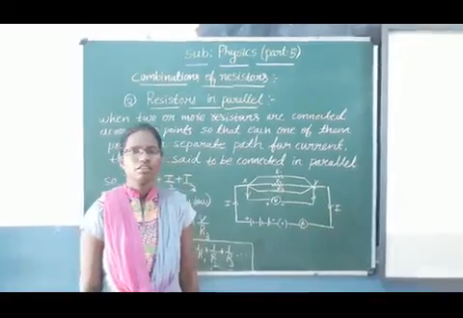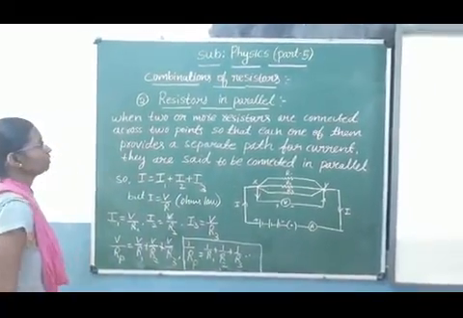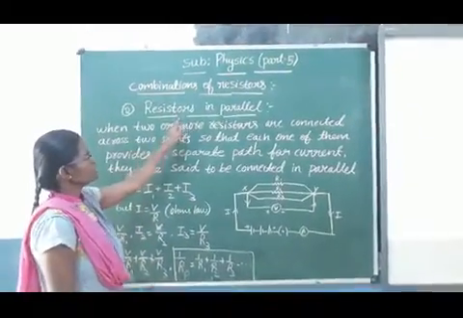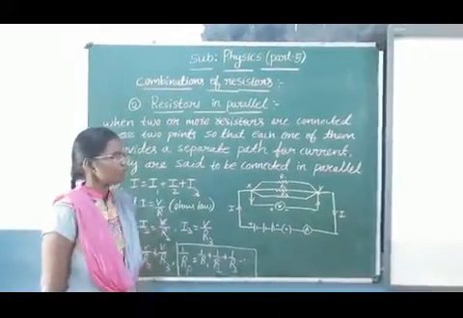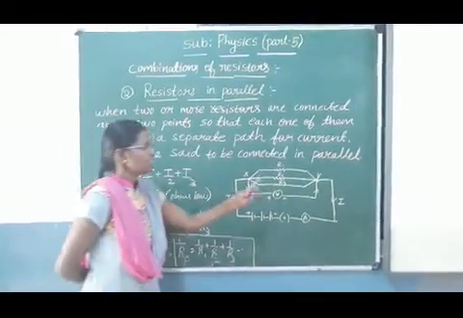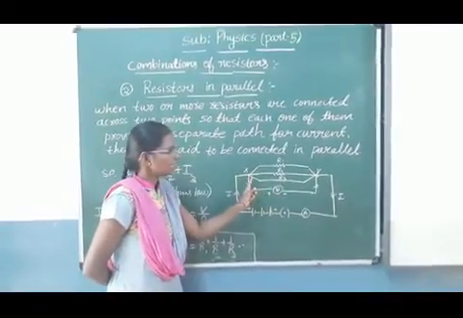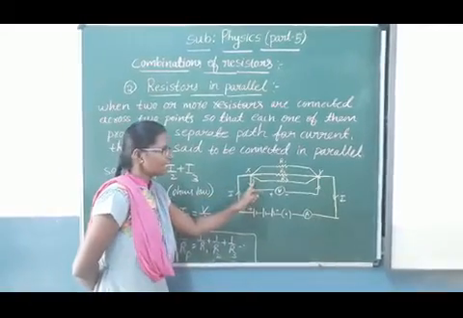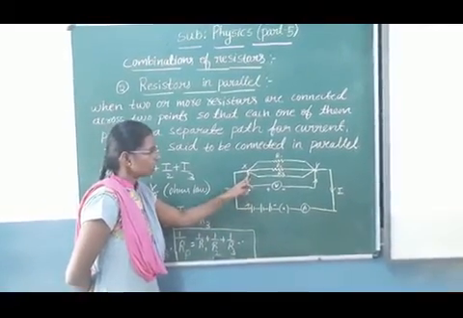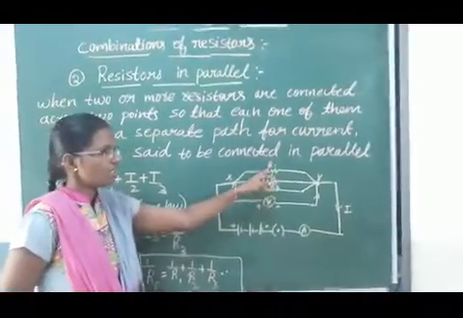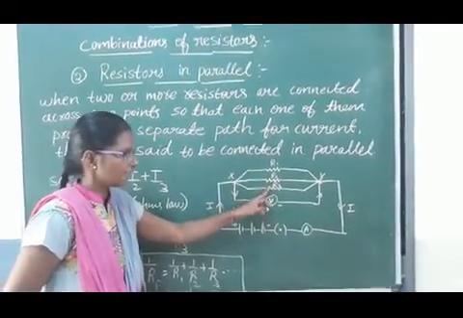This is about resistors in series. Let us discuss the second combination of resistors, that is resistors in parallel. Here the resistors are connected in separate branches. You can see in the electric circuit the three resistors R1, R2 and R3.